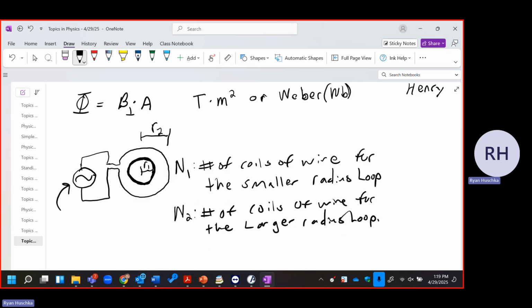What's that squiggly line there represent? It kind of looks like a wave. Yeah, it looks like a sine wave, right? Or maybe a cosine wave. Okay, that line indicates that it would be an alternating power source. Okay, so like an AC power source.